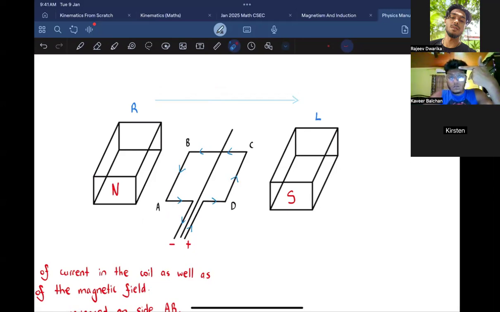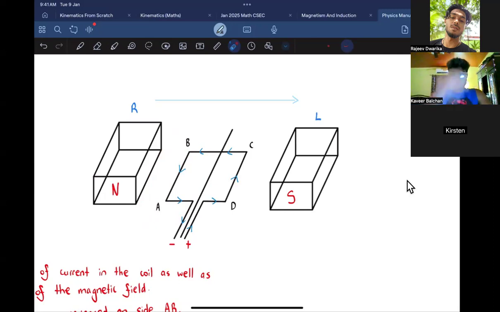Okay, so his thumb represents thrust, his second finger represents the magnetic field, so it's going from north to south, and the finger that you're not seeing is pointing towards him. That is the current coming out of the paper, so it'll be pointing towards you. So Kirsten, this part of the coil is going to experience an upwards force or a downwards force?